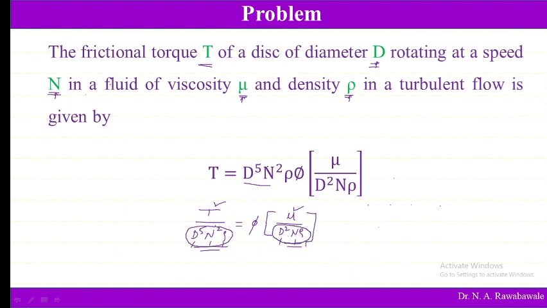This is the pi 1 term and this is the pi 2 term. So in the pi 1, pi 2 or pi 3 terms, the terms which are shown here as common terms indicate that we must take these terms as repeating variables, then only we can get this equation as a result.